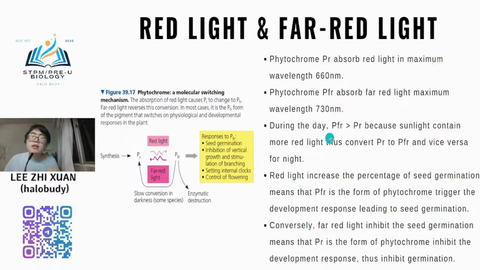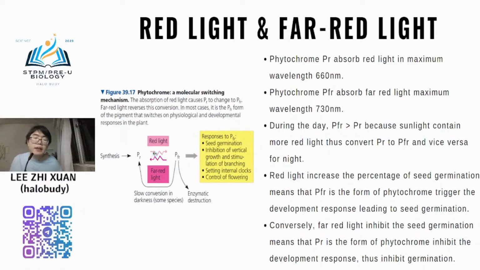So during the day, PFR is higher than PR. Far red form is highly concentrated compared to the red form. Why? Because during the sunny day, PR will be converted to PFR using the red light.